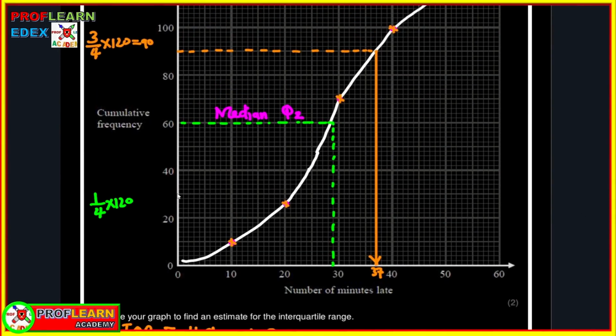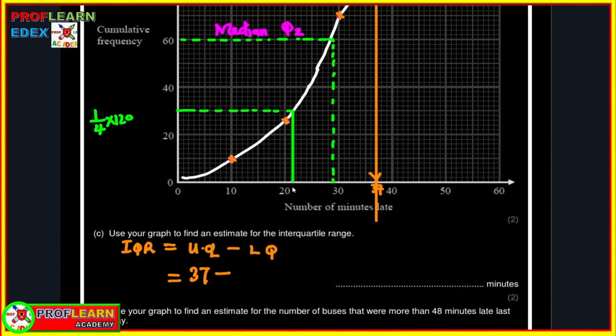The lower quartile is a quarter of 120, so we go across at 30, check where we have the line, and that is approximately 21.5. To get the interquartile range we subtract the lower quartile from the upper quartile, which gives 15.5, or approximately 16.